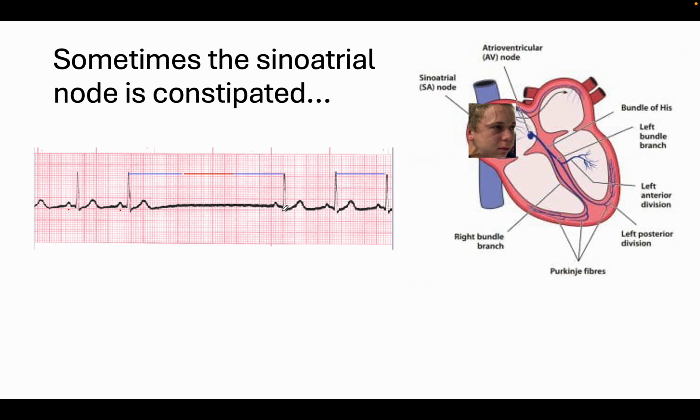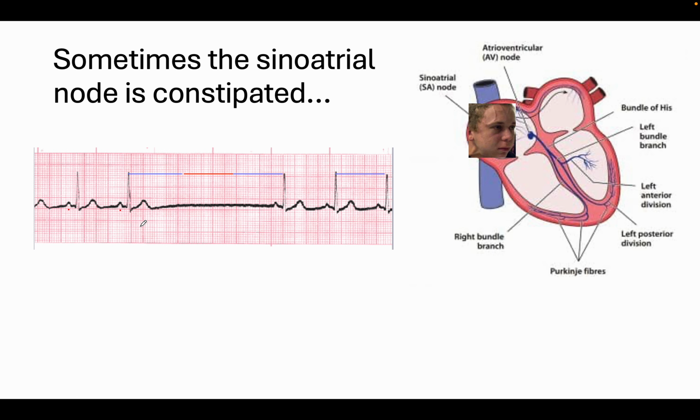Then we get what looks like a sinus pause, because we get a bit of a delay, an area where there's no electrical conduction at all, and then we get the P wave, QRS, and T wave showing up again. So sinus rhythm is returning.